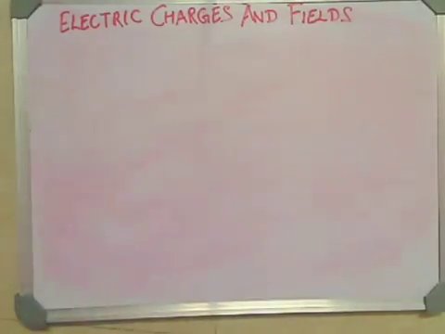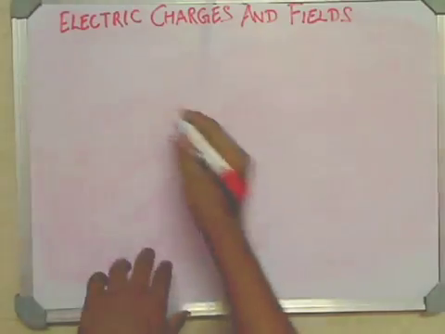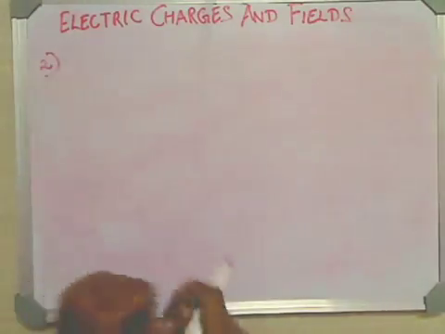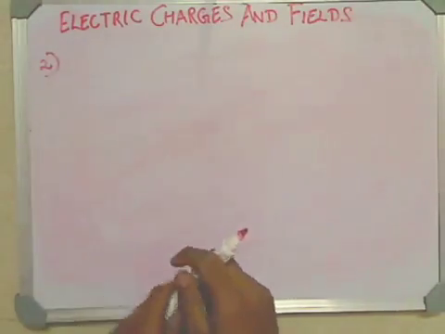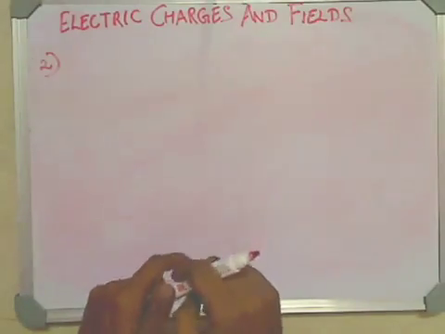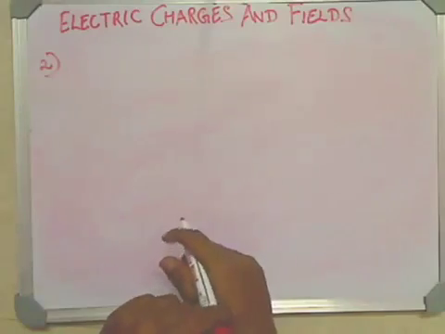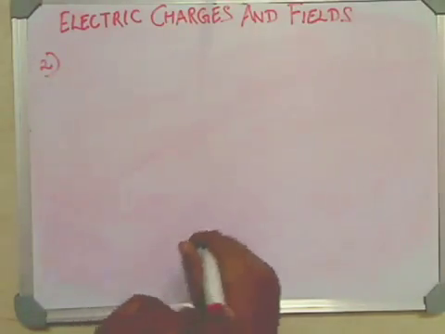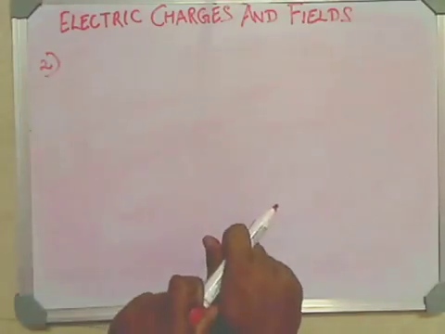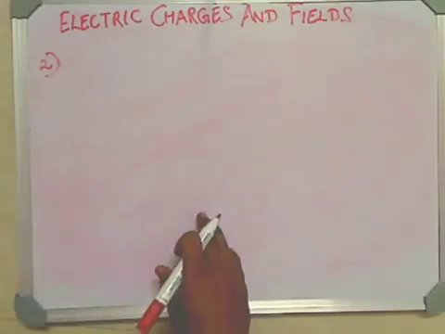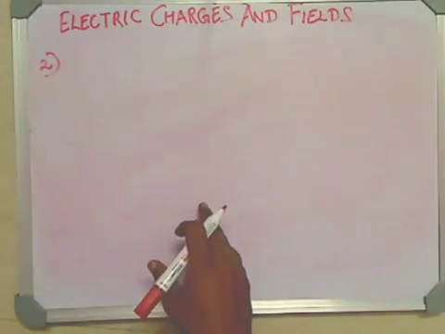The second problem which we will discuss: a point charge measuring 10 millicoulomb is at a distance of 5 centimeters above the square of side 10 centimeters. What is the magnitude of the electric flux through the square?